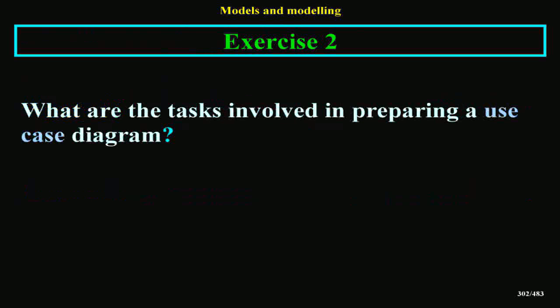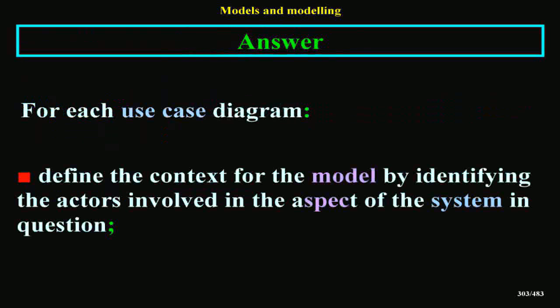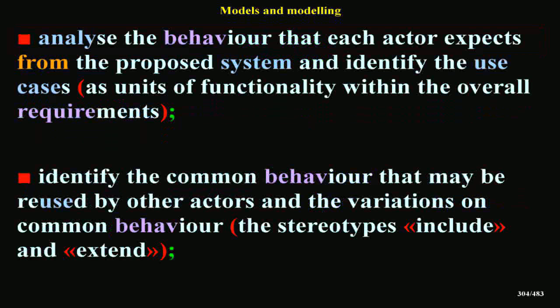Exercise 2. What are the tasks involved in preparing a use case diagram? Answer. For each use case diagram, define the context for the model by identifying the actors involved in the aspect of the system in question. Analyze the behavior that each actor expects from the proposed system and identify the use cases as units of functionality within the overall requirements.